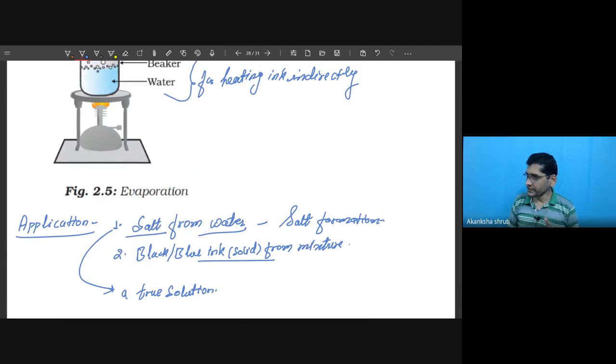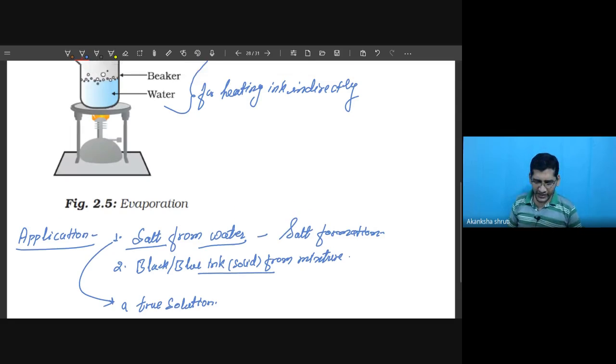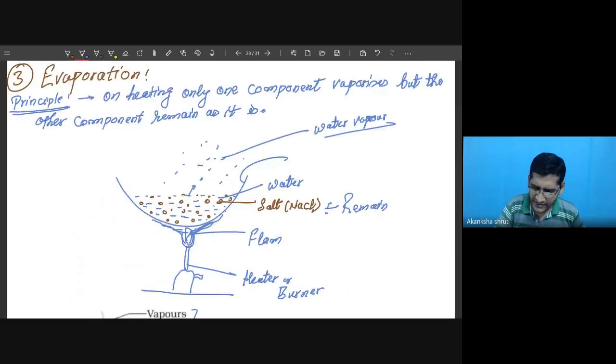But the condition is that only one of the components shall vaporize while the other shall not vaporize. This vaporization takes place at their boiling point. So if one component has a very high boiling point compared to the other, not even 30 degrees, but even more than 40, 50 or 60 degrees, then only use it.